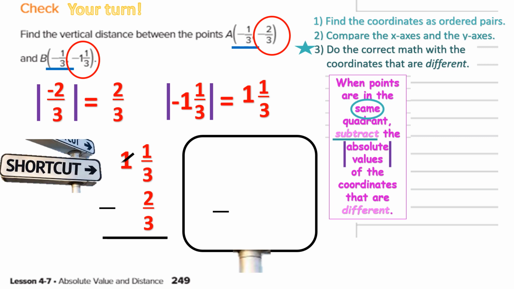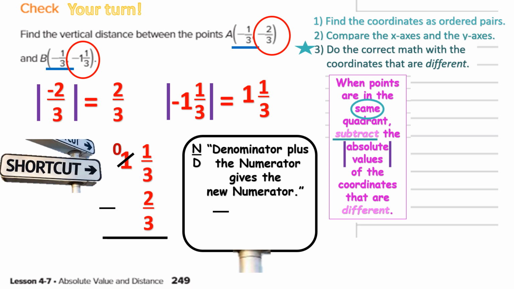I'm going to borrow from my 1 whole, which is what we did before, and then I'm going to add my numerator and my denominator to get my new numerator. Whatever my denominator is, I add it to my numerator, and that gives me my new numerator. That's what the little n and the big N means. And then I simply keep my original denominator.